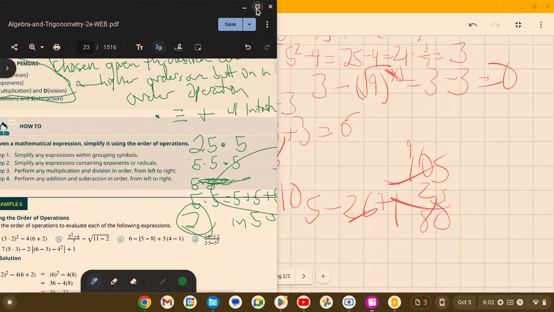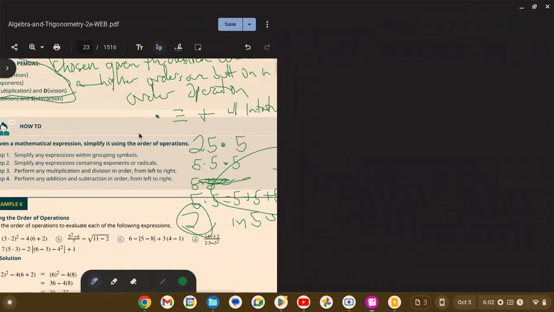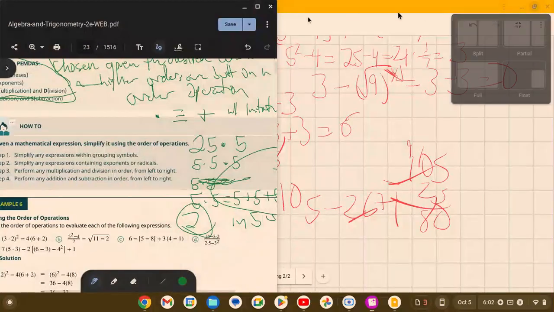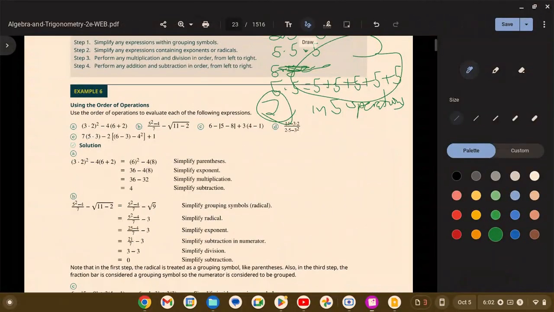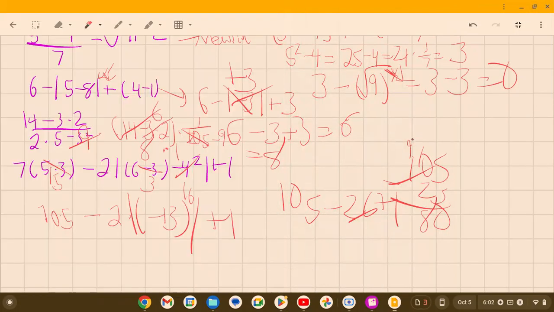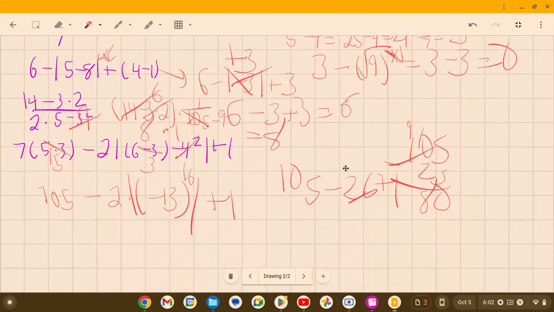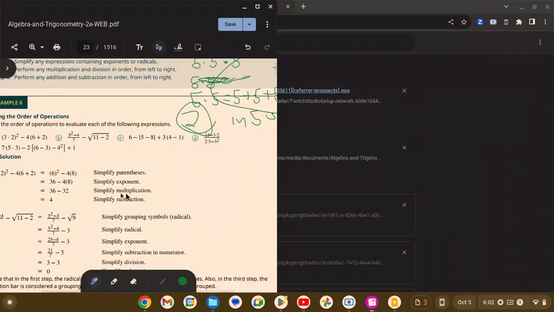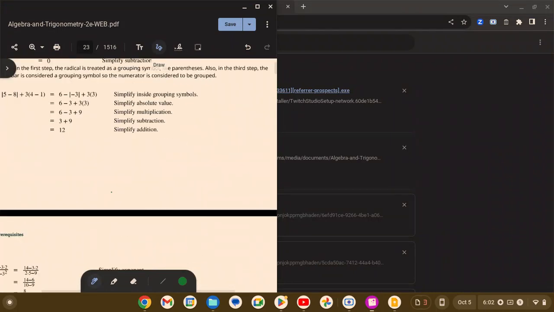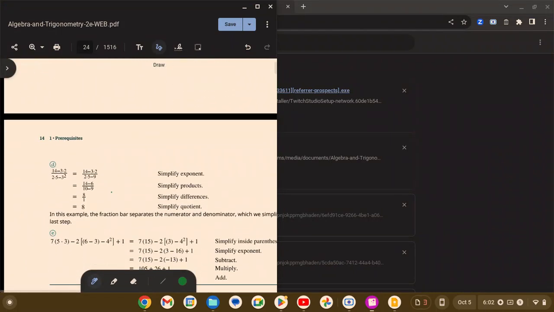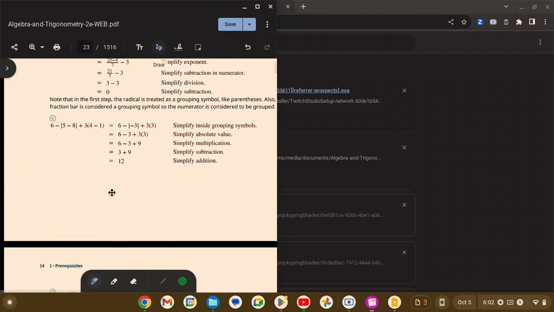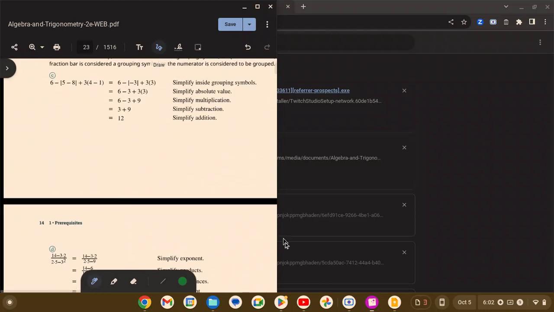Cool if I make mistakes, though. Uh-oh. There we go. 4, 0. 4, 0. 12.